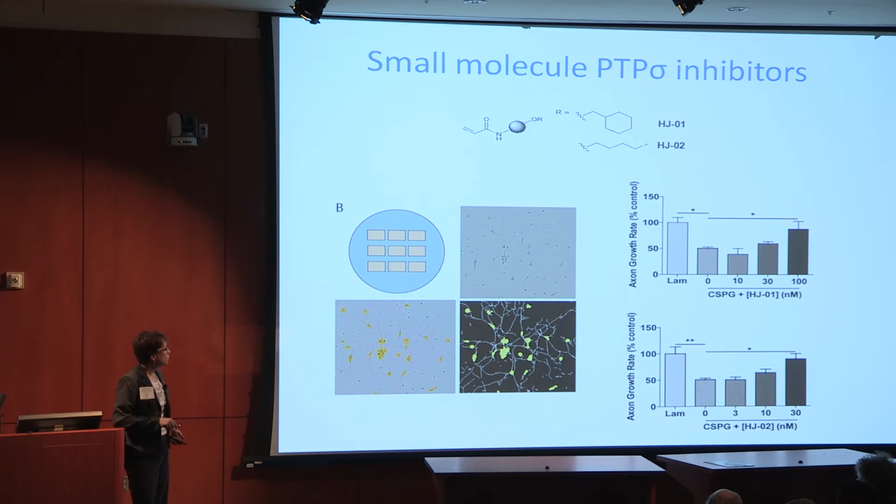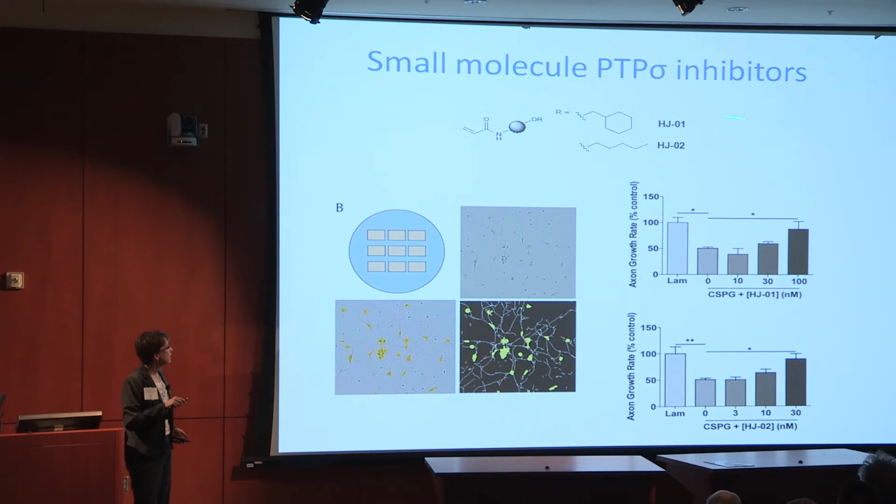So in this case, the amount of CSPGs that we used to coat the plates decreased growth by about 50%. And this compound called HJ01, based on the initials of the postdoc who made it, at 100 nanomolar concentration restores axon growth back to control levels.